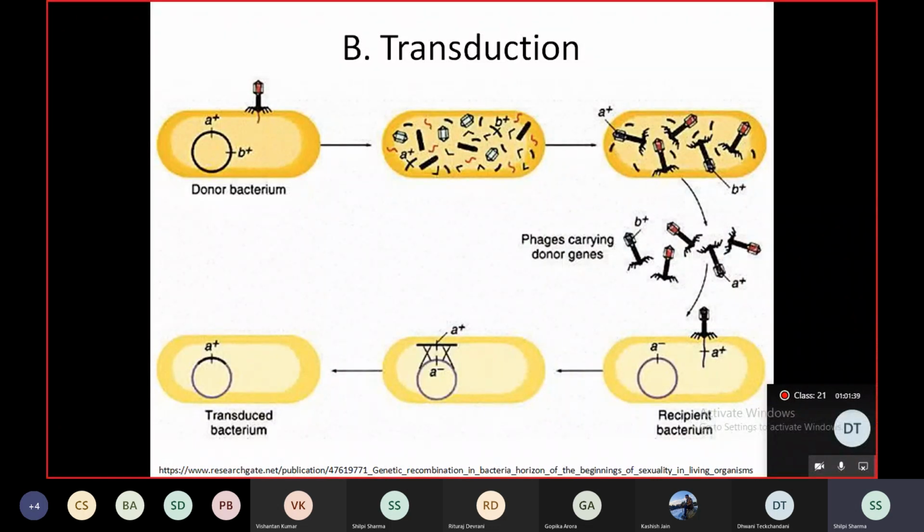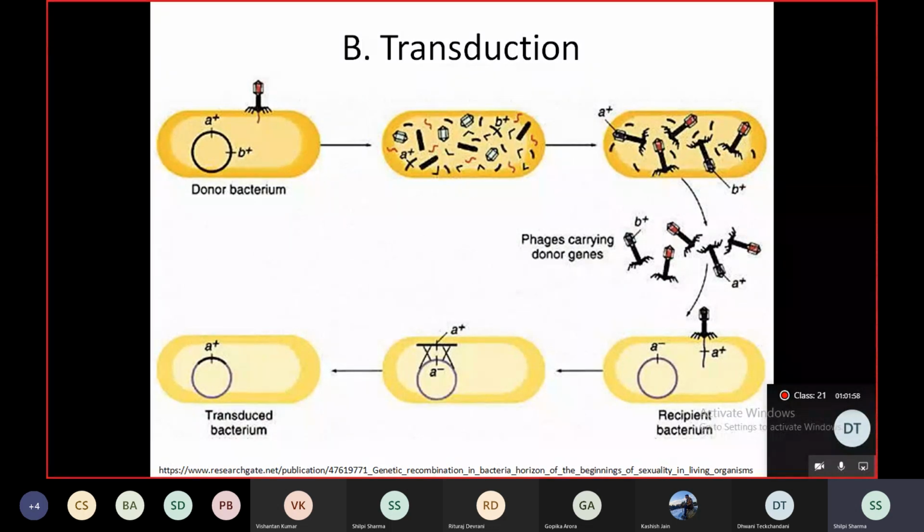In transduction, the bacterial donor DNA is incorporated into the bacteriophage, and after the bacterial DNA is incorporated into the phage, when the new phages are released, these phages infect the host bacterial cell.